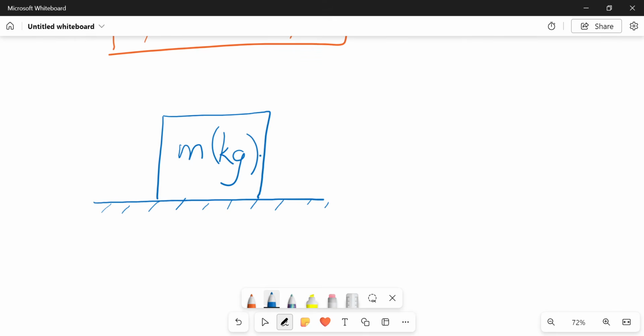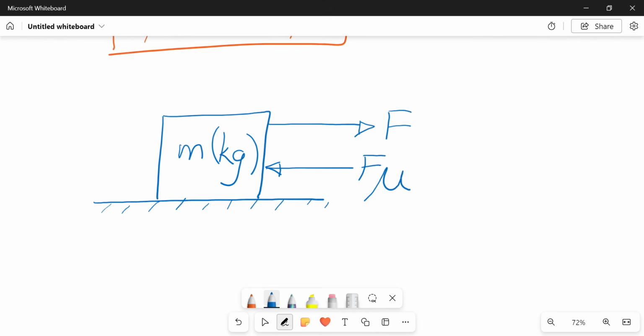And this is being pulled with a force F. For now, we'll just say F, because we don't really know the figures. We don't really know how big, how small that is. But if you'll be pulling your body with a force F, there will be, in most cases, an equal but opposite frictional resistance, F mu, that is pushing in the opposite direction.